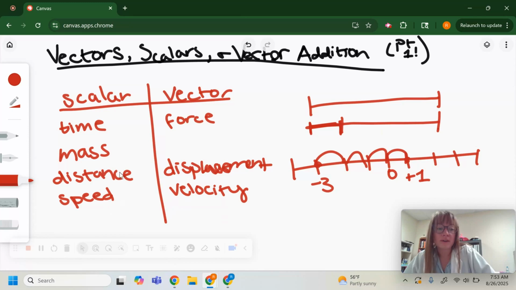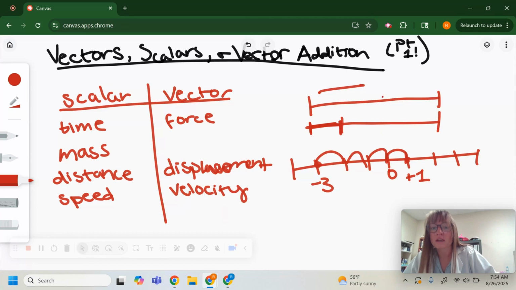When we calculate speed, we do distance over time. When we calculate velocity, we do displacement over time. This means that velocity also has positive and negative values. For example, if you went on a run or on a walk and you walked 4 miles to the east and then 3 miles back to the west, let's say that we call east the positive direction.